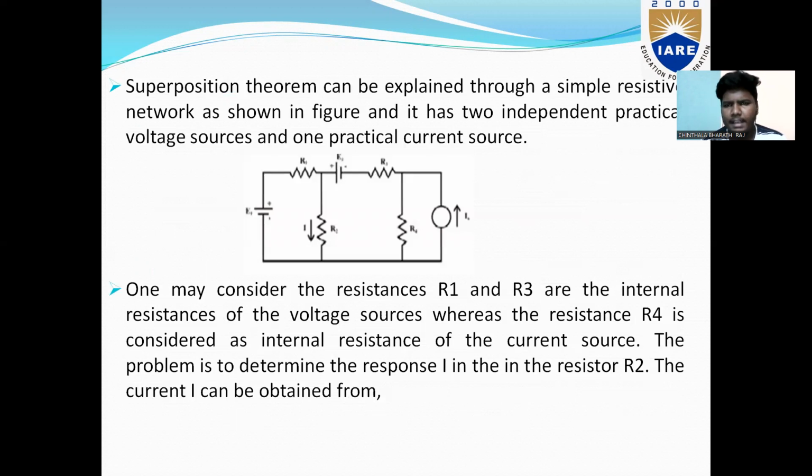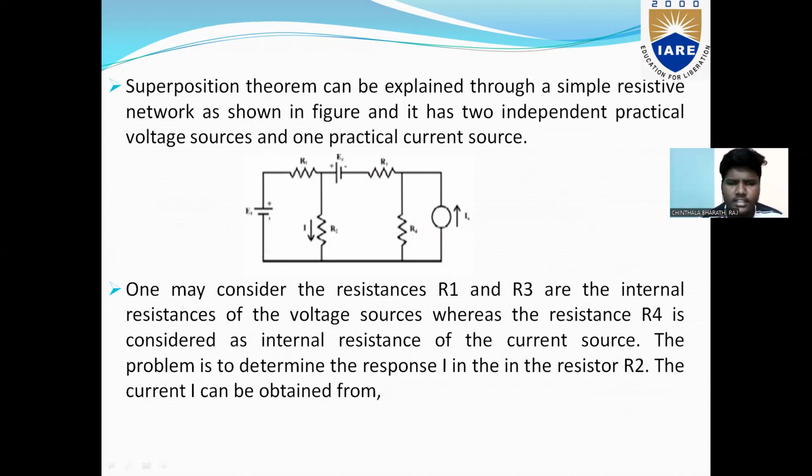The superposition theorem can be explained through a simple resistive network as shown in the figure, which has two independent voltage sources and one current source. In this circuit, we can see four resistors are connected: R1, R2, R3, and R4.